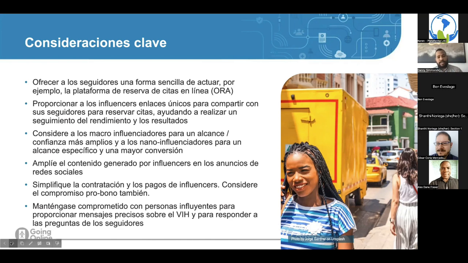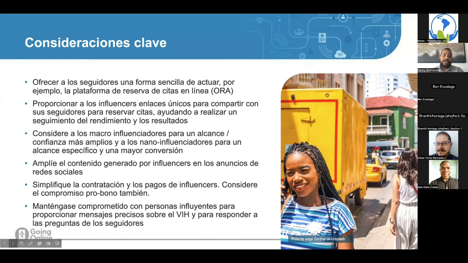The nano influencers don't have as large a reach as the macro influencers, but people who follow them usually share their interests. And so it's easier for them to reach a more targeted group of people who would likely take greater action and come for services. Extend influencer content into social media ads. And I'll leave Tato, my colleague, to speak to some of that.